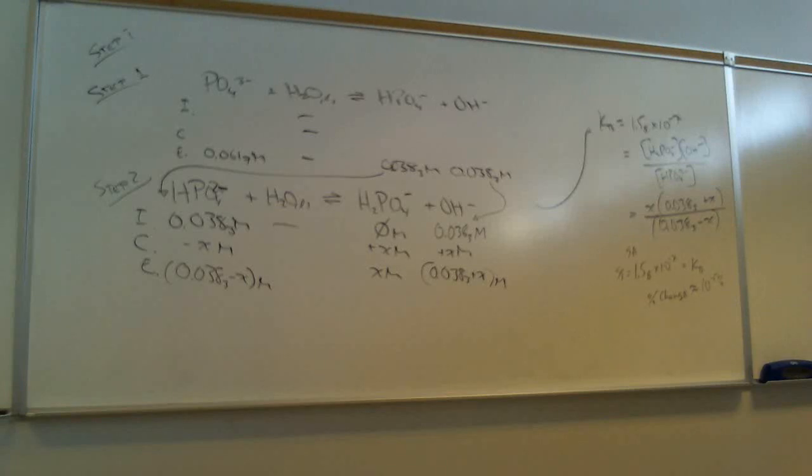I'll tell you, even with a 10 to the minus 14 K, sometimes we have to use the quadratic. Don't you remember that? If K was 10 to the minus 14, which is 7 orders of magnitude smaller, sometimes we have to use the quadratic. Why did it work so well in this case with only a 10 to the minus 7 K value?